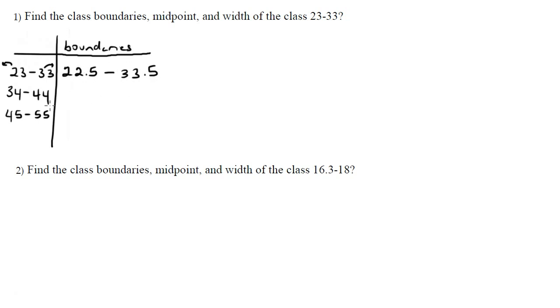That's my class boundary. Same here. 34 to 44, I subtract 0.5, so 33.5. On the right, the upper boundary, I add 0.5, so 44.5. That's how I calculate my class boundaries. Same here. Subtract 0.5, so 44.5, add 0.5.